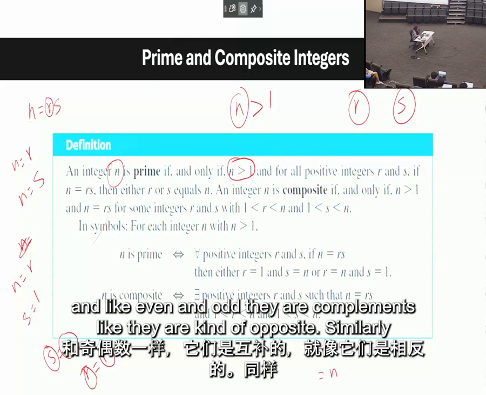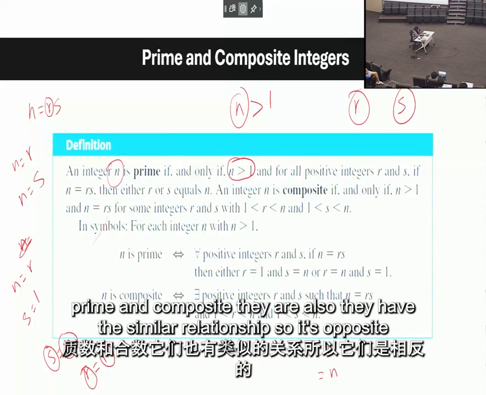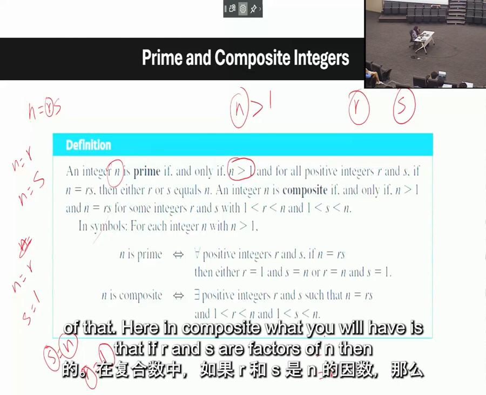And like even and odd, they are complements, kind of opposites. Similarly, prime and composite have a similar relationship, so it's the opposite of that.